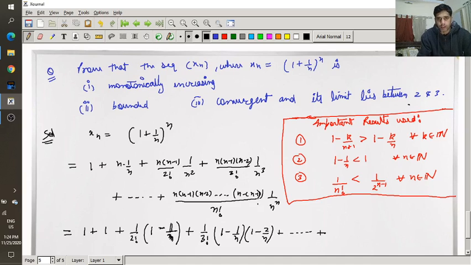The first term cancels with one n, the second term is 1 minus 1 by n, the third term is 1 minus 2 by n, and so on. The last term is 1 minus n minus 1 by n, and 1 upon n factorial is outside. So these are the terms.